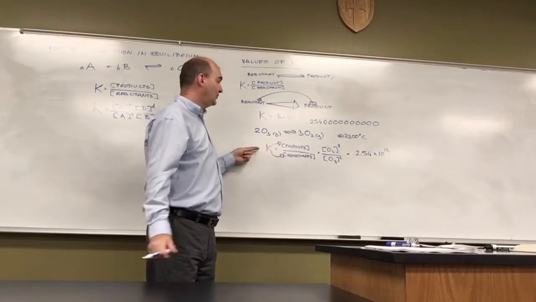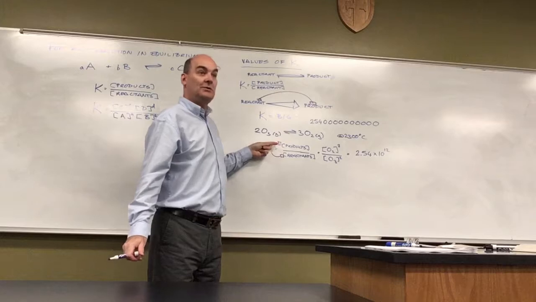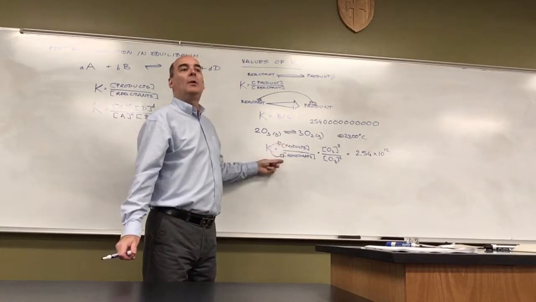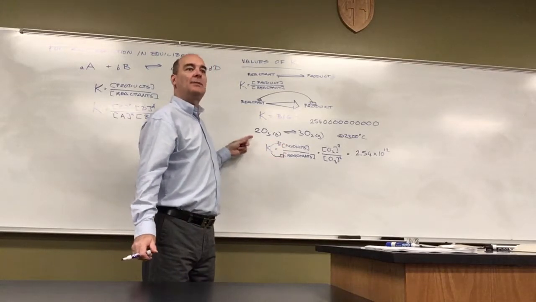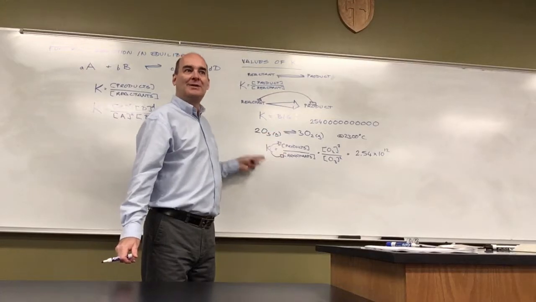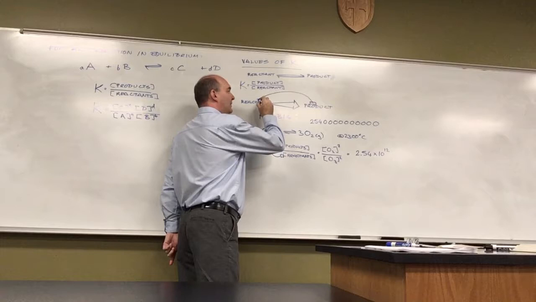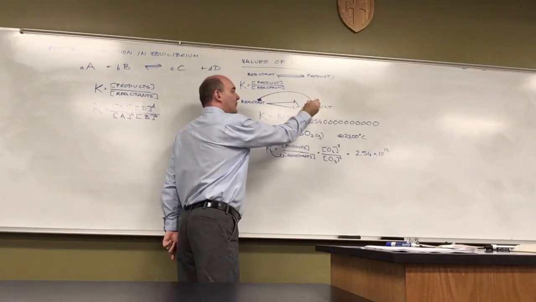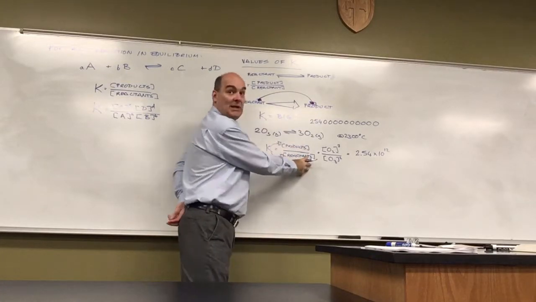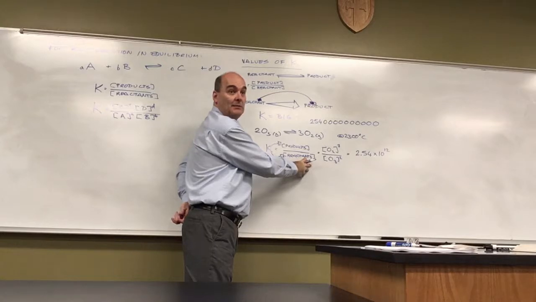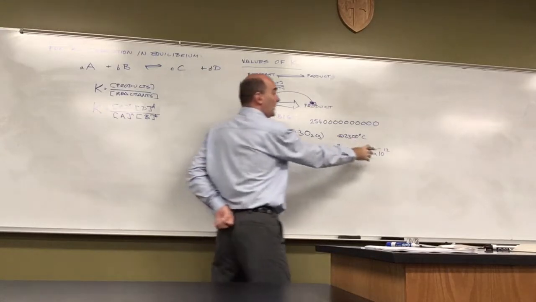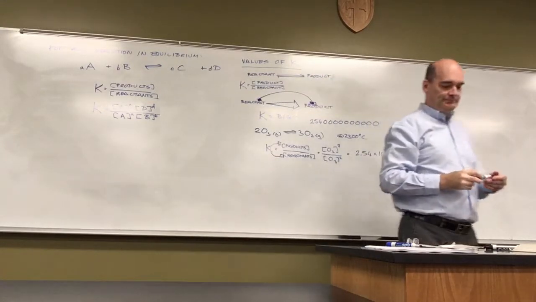Okay? Because it's not just that I'm adding a number to the numerator, I'm also removing numbers from the denominator. So the effect of moving a small amount of reactant from the left to the right has a big influence on the value of K. Big influence. So that's a fairly big number.